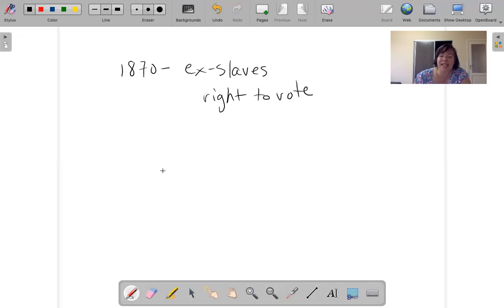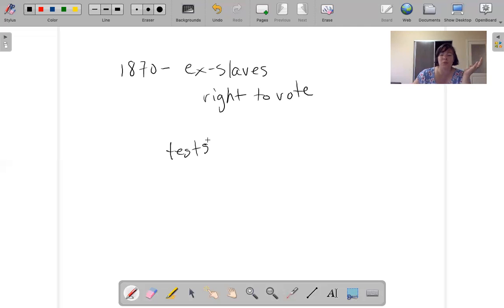They would make tests like, you have to be able to pass this test before we'll let you vote. You got a legal right to vote, but you have to pass this test first. Well, they can't read and write. If they can't read, how are they going to pass a test? And it was just horrible.